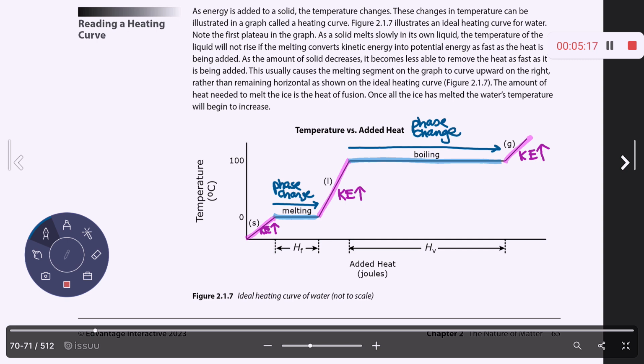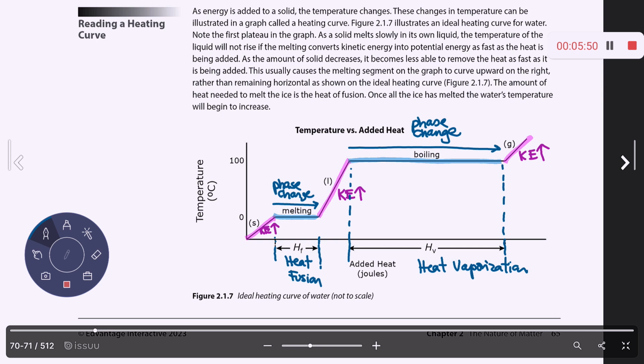Okay, now heat of fusion applies here within this region because that's the amount of heat it takes for a certain amount of water to melt, to go from ice to liquid. Over here, this is where your heat of vaporization applies. Okay, because you're converting a liquid into a gas.